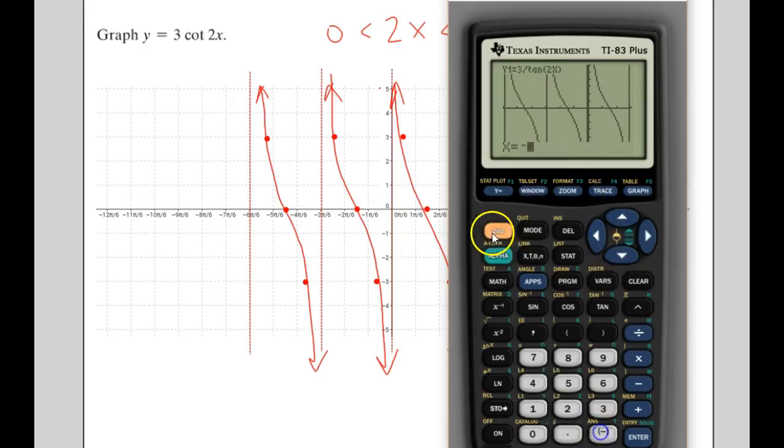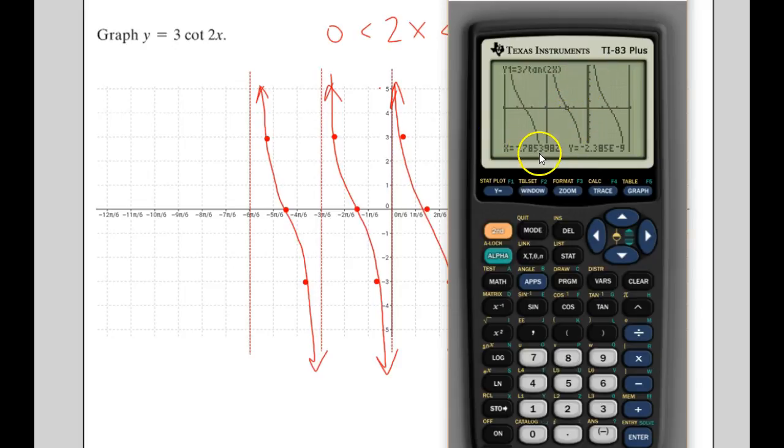I hit trace, negative pi over 4, I should get a, it's not giving me anything. That's right, it's not giving me anything because I'm writing it in there as tangent 2x, and we can't plug in pi over 4 into tangent because that causes division by 0 within the tangent, even though it doesn't here because of the reciprocal nature.